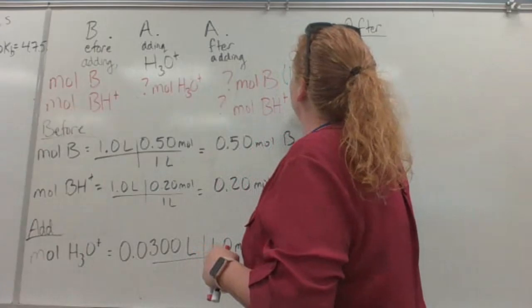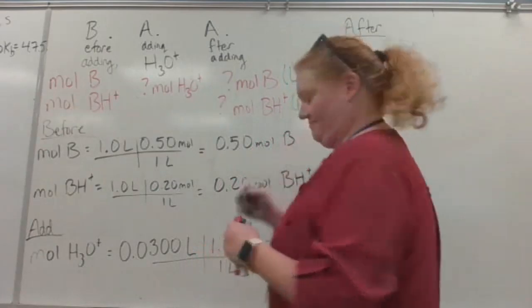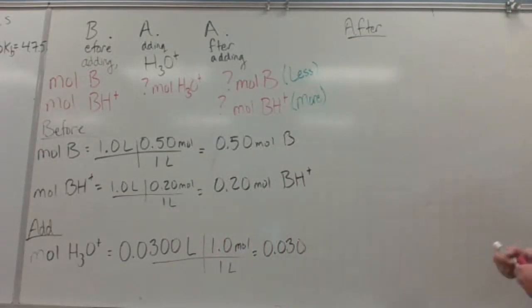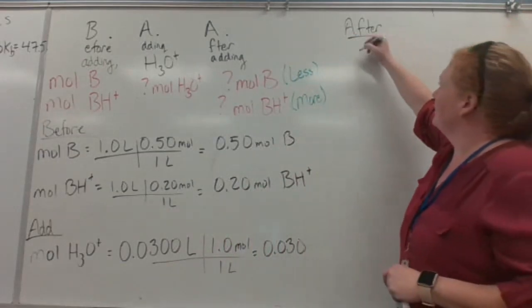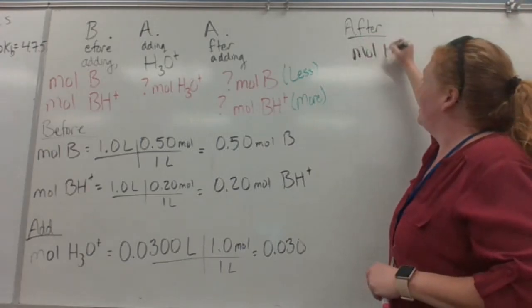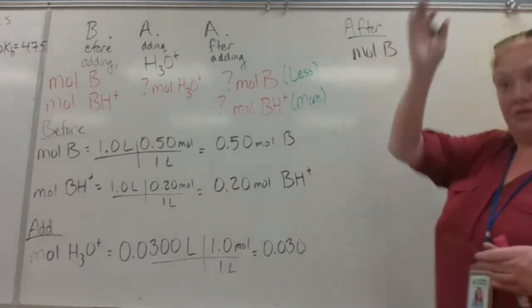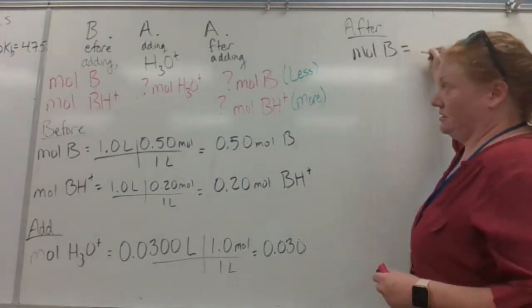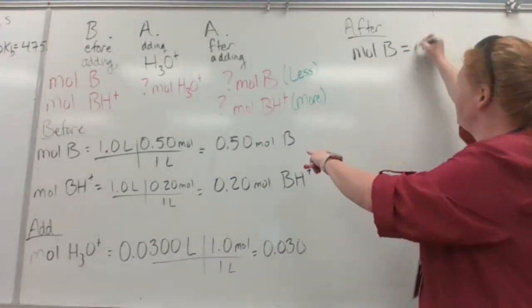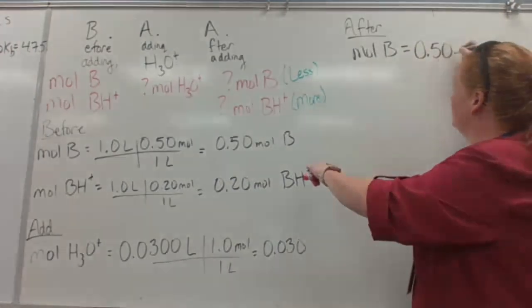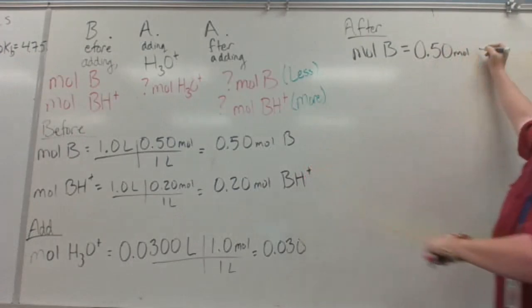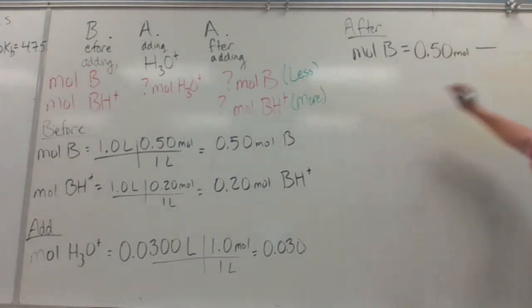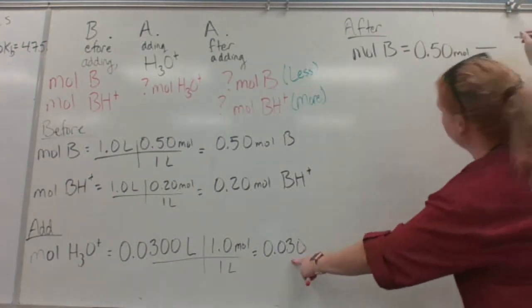Less and more. So my moles of ammonia, the weak base in my buffer, is the before moles, and then what? Minus or add? Minus, less moles of acid.